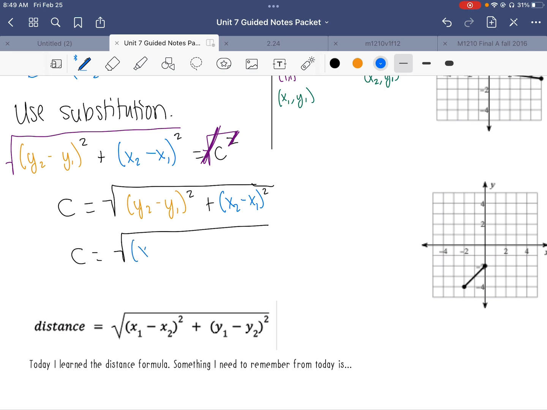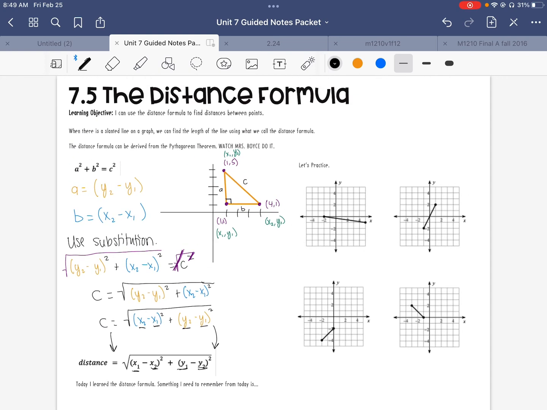So we ended up with x2 minus x1 squared plus y2 minus y1 squared. Okay, so now we're looking a whole lot like this one. Okay, and I do realize that I flipped these numbers, but remember we gave those the names, right?